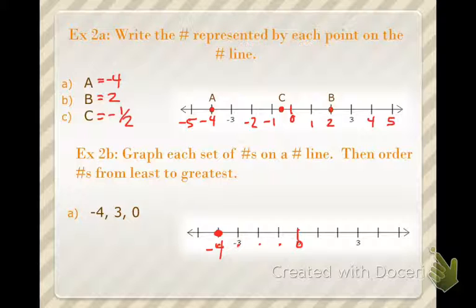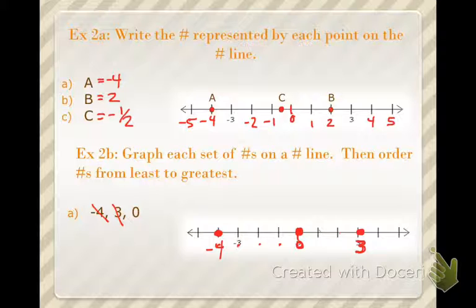Then you're going to do 3. It starts at 0 again: 1, 2, 3. Put your little dot. And then it says 0. You start at 0 and it's there, so you put your little dot.